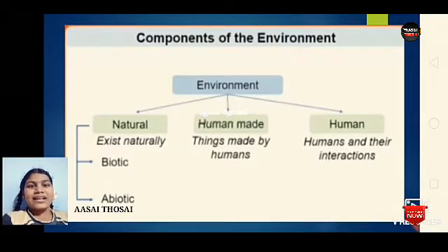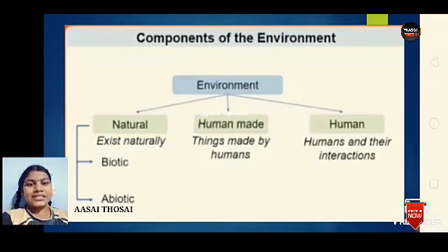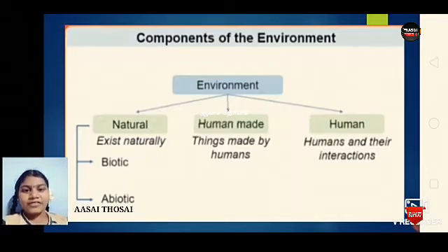See, nature exists naturally and it has two components, biotic and abiotic. Biotic are living organisms, abiotic is non-living. Biotic examples are humans, plants and animals. Abiotic is air, water and land.